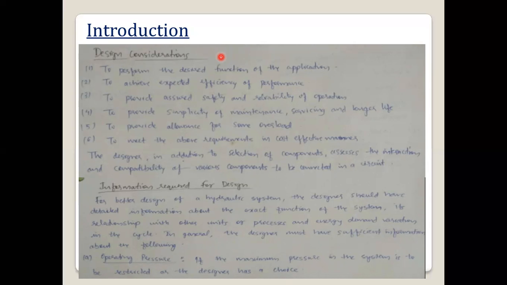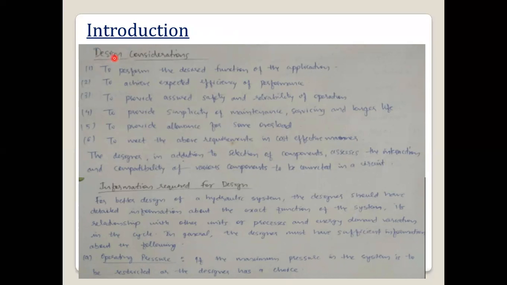But design means we have to study what the flow in that circuit is, what the discharge is, what the power is, and how much power is required for the pressing. Then what is the highest pressure available in that circuit, what is the capacity of the pump, what will be the capacity of the direction controller, and what will be the size of the actuator. All this comes under the system design.